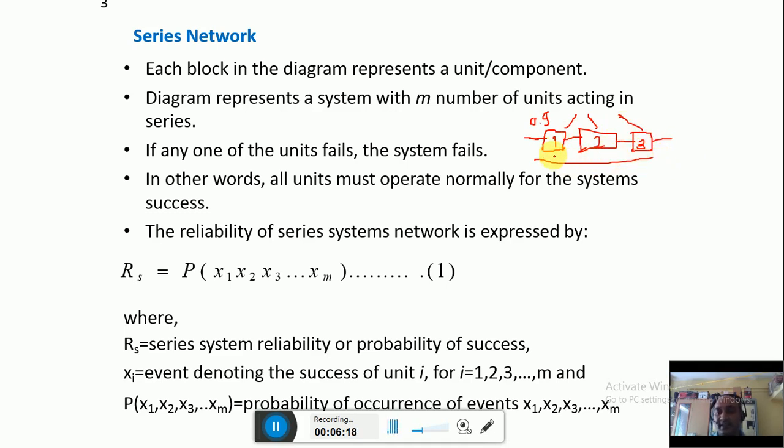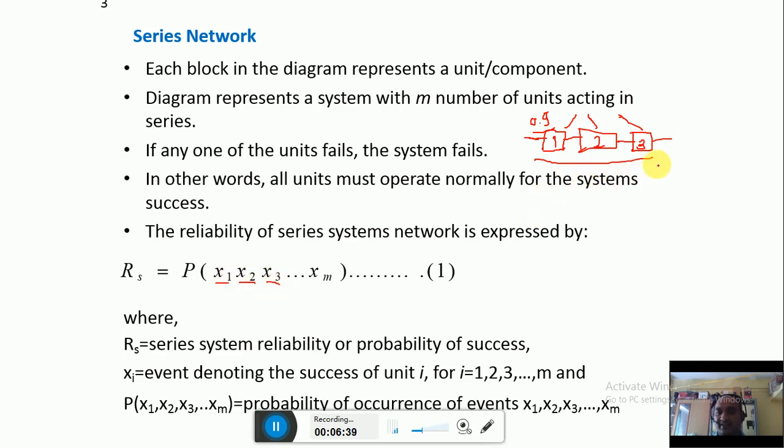So in such cases, the reliability is calculated by just multiplying the reliabilities of every component with each other. So if the first reliability is, say, 0.9, let us say it is x1, the second one is x2, the third is x3, then it is just the multiplication of these three.